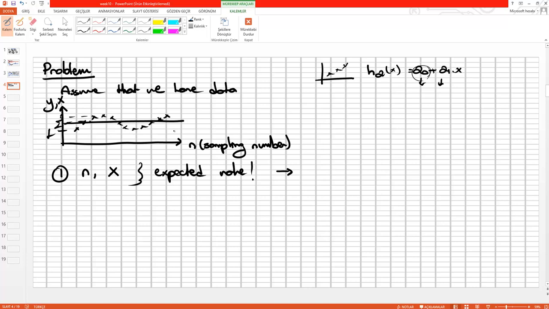For example, this is equal to 3 or 4, okay? This data is around 4 values, or 5 values, or 100 values, or 200 values. This is highly the most expected value. And so, how can we calculate this value?